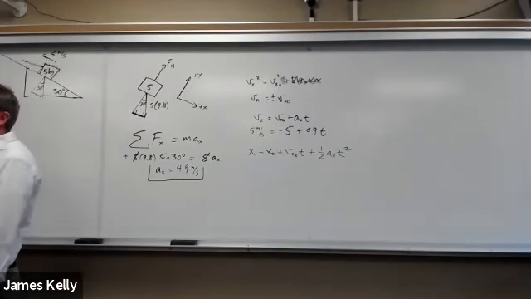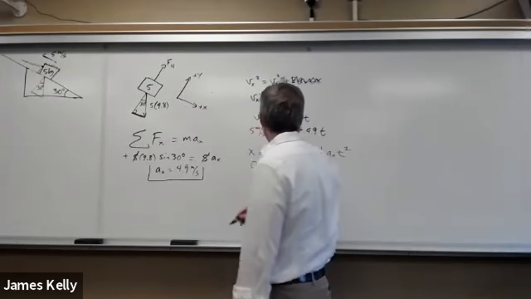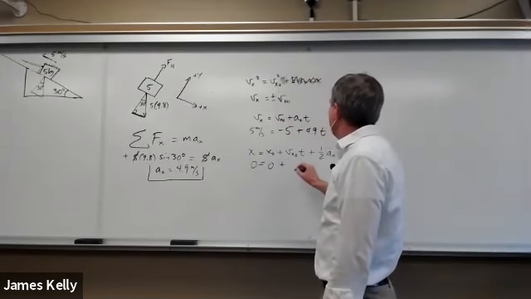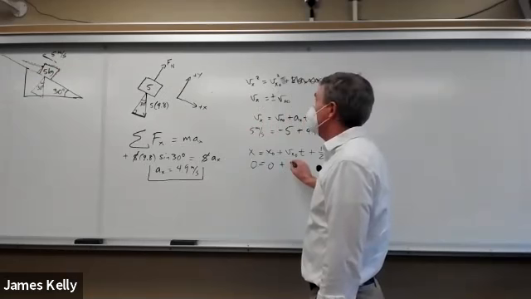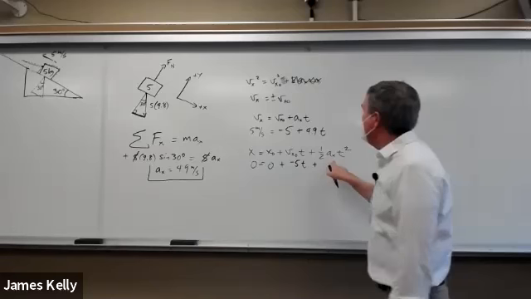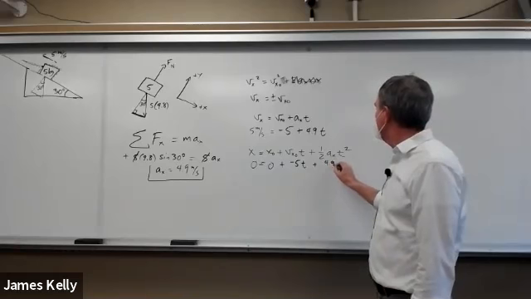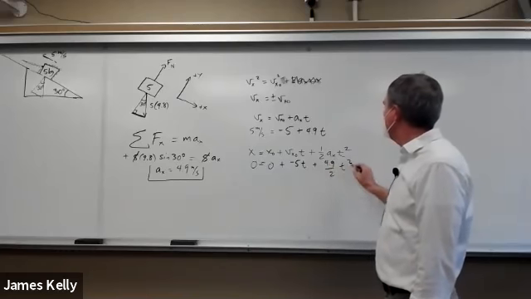So it starts out at x equals 0 and it ends up at x equals 0. Vx0 is -5, right?